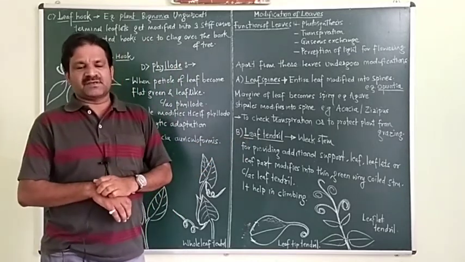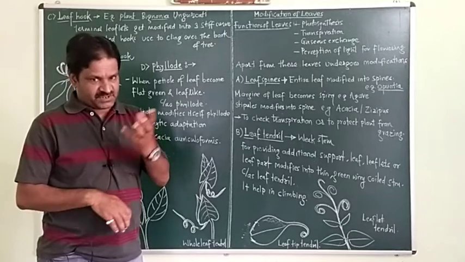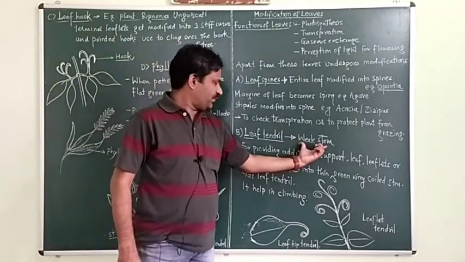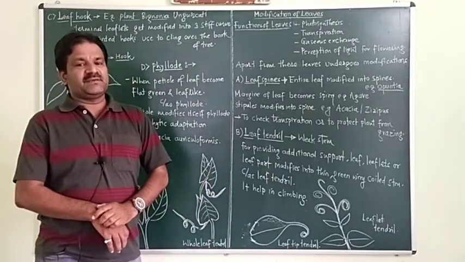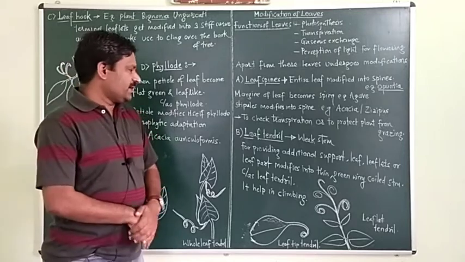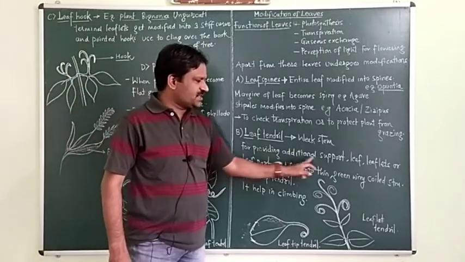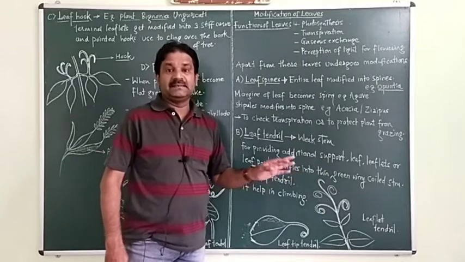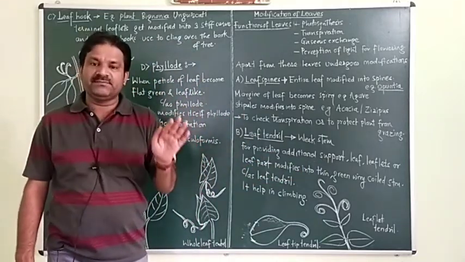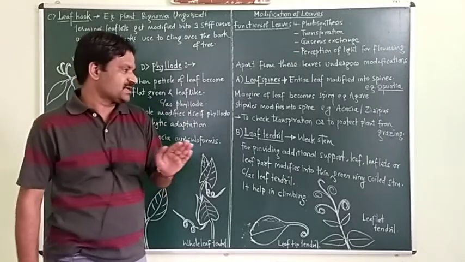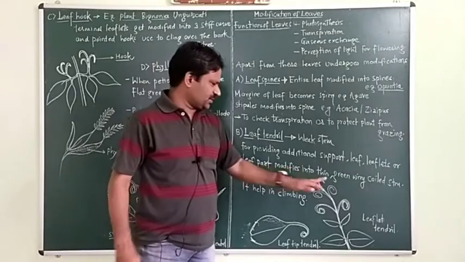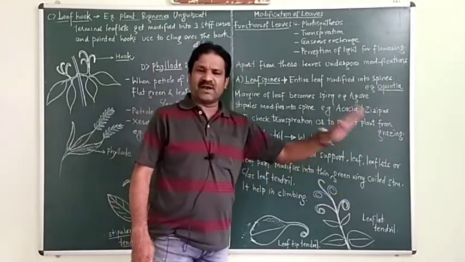Generally some plants possess a weak stem, meaning the stem is not strong. For the weak stem it requires support, a substratum. For providing additional support, certain leaves or leaf parts or leaflets are modified into a thin, green, wiry, coiled structure.